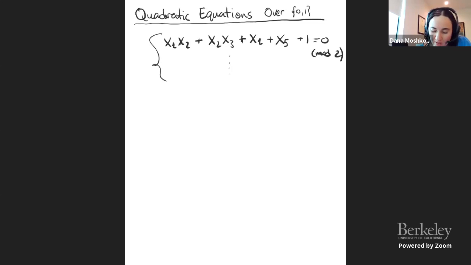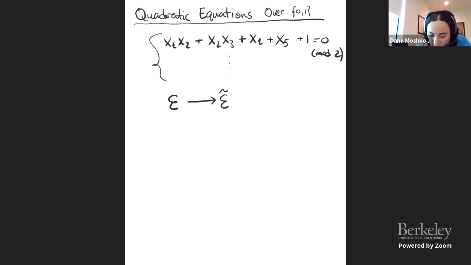I have n variables, x1 to xn, and I have a bunch of equations like this of degree at most 2, and I'm trying to figure out whether they have a solution. So this is the problem that I'll use. And what I'm going to show is I start with this system of quadratic equations E, and I'm going to transform it to this tilde system of equations, E tilde.